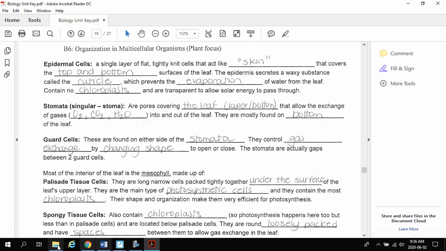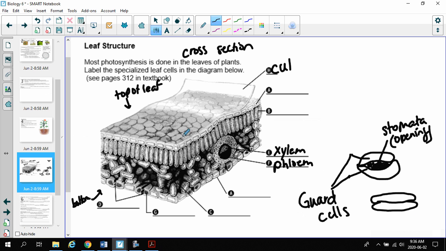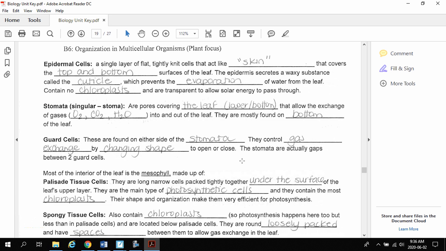In that diagram, it was shown as being peeled back, so there's a cuticle on the top there. That's the waxy substance secreted by the epidermal cells, and it prevents the evaporation of water from the leaf. The epidermal cells don't have any chloroplasts and are transparent enough to allow solar energy to pass through.